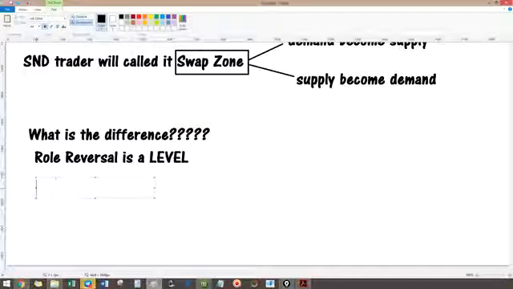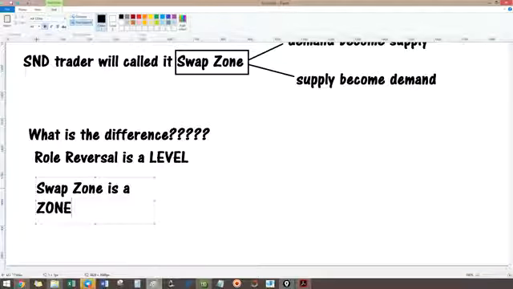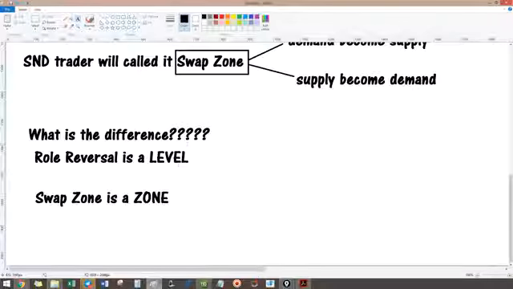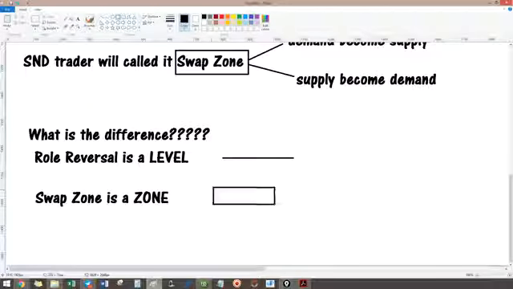Swap zone is a zone. So when you have your zone, you know how many pips is your stop loss and everything. If you have a level, you only have a point like this. This is a level, and this is a zone.